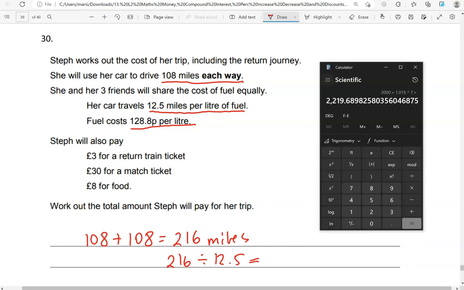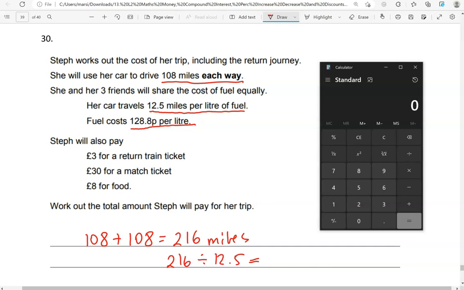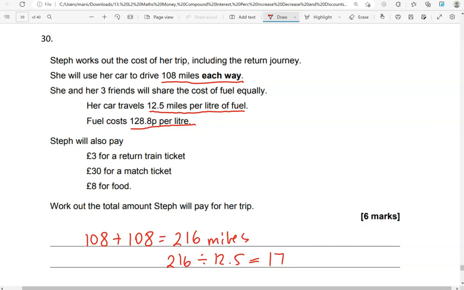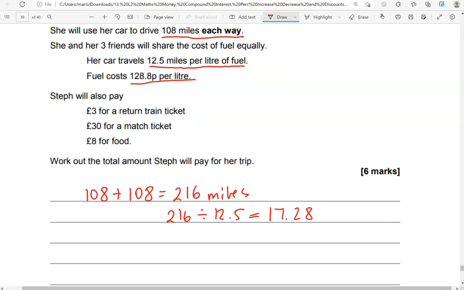So 216 divided by 12.5 gives us 17.28. So that is how many litres.